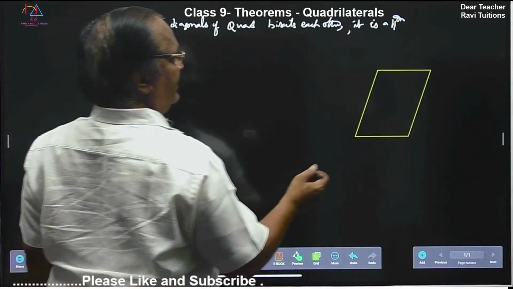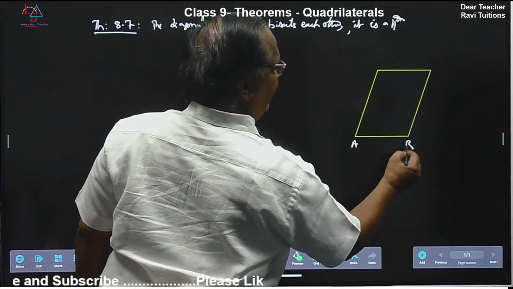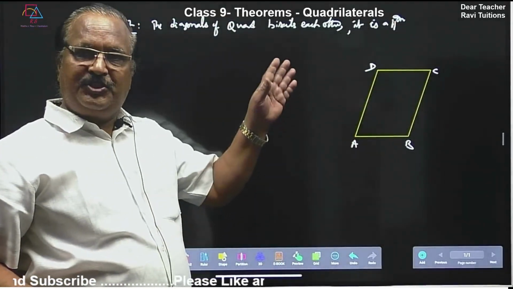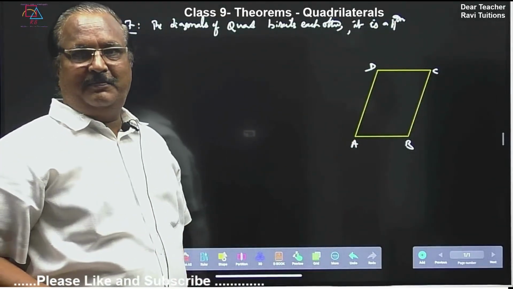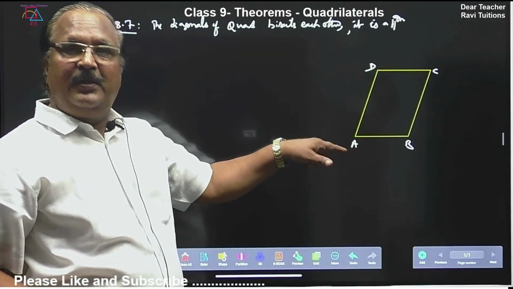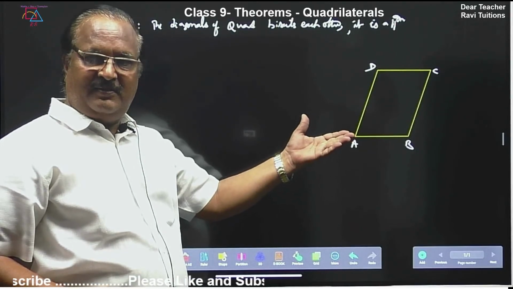This is a quadrilateral ABCD. As we have to prove this as a parallelogram, you should draw it like a parallelogram, but it is not a parallelogram now, it is just a quadrilateral.